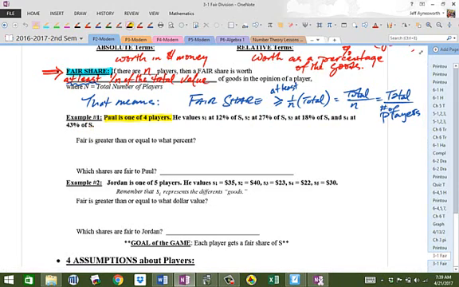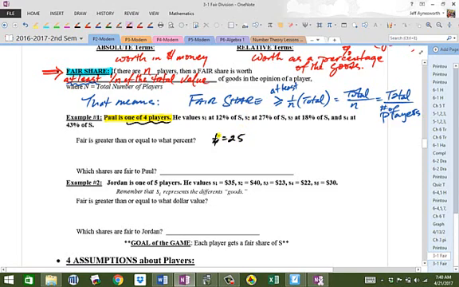Well, a fair share is greater than or equal to what percent? Well, if Paul is 1 out of 4 players, that's 1/4, which is equal to 25%. Just divide the two, 0.25 multiplied by 100, you get 25%.